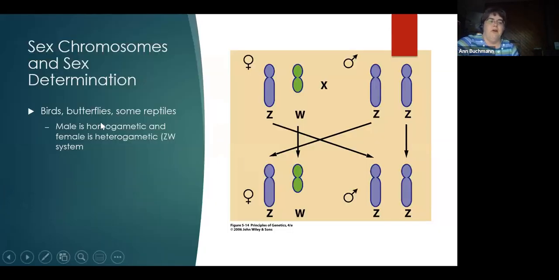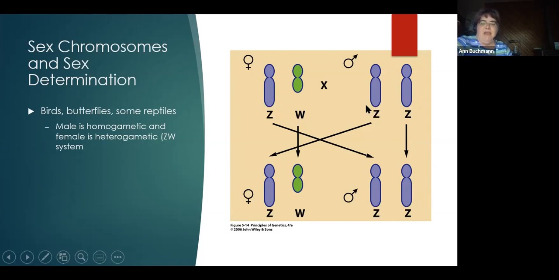So birds and butterflies and some reptiles have a different system of sex or gender determination. Basically the female has the equivalent of the X and the Y. We call these in this case a Z and a W, just to distinguish them from the X and the Y. They don't look like a Z or a W, and the X and the Y don't look like an X or a Y. But we use Z and W to denote that one's bigger and one's smaller.